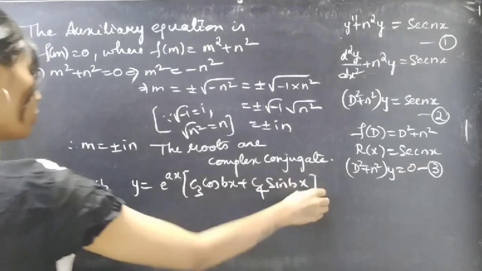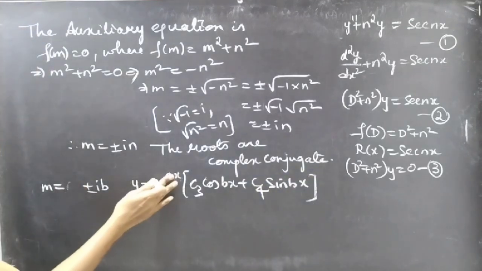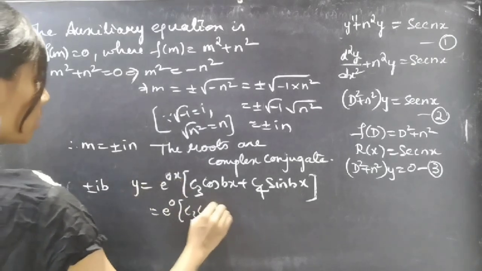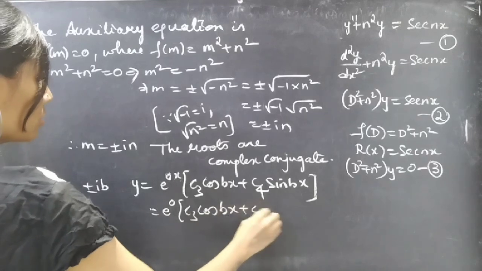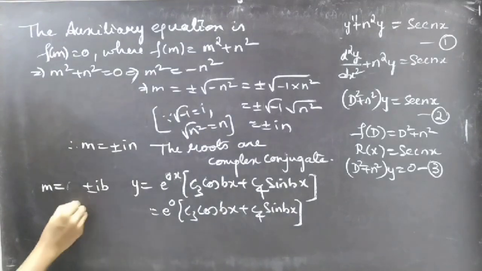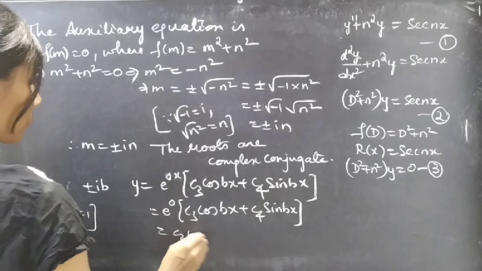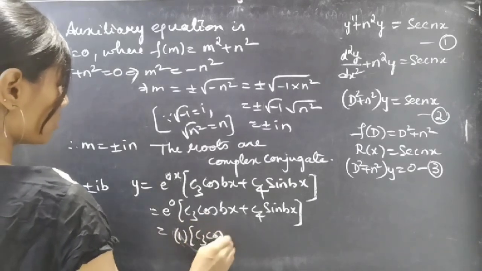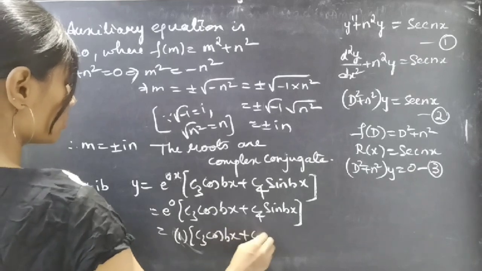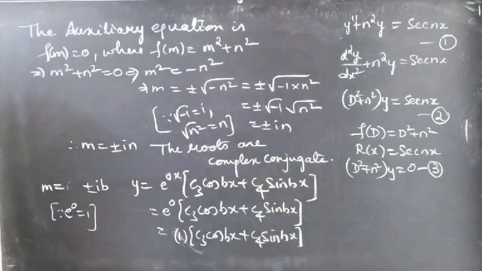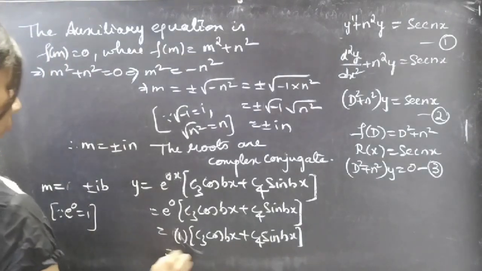In case of a equal to 0, we'll have e power 0 into x, which is e power 0 into C3 cos bx plus C4 sin bx, right? Since e power 0 is 1, right? So this becomes 1 into C3 cos bx plus C4 sin bx, which gives us y equal to C3 cos bx plus C4 sin bx.